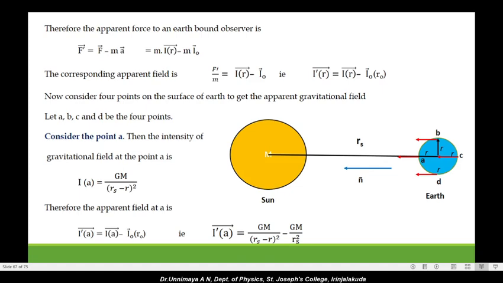Now consider only the point A. For this point A, what will be the intensity of gravitational field? I of A. I represents the intensity of gravitational field, and A represents the point A.